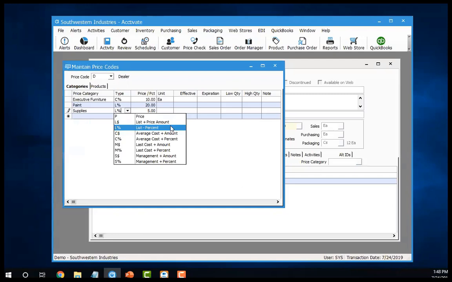This is minus percent. So this is actually going to take a percentage off, makes it easy. All of our customers that are in this group are just going to get 5% off of whatever our normal prices are. And that's kind of an answer to an earlier question. You could just update your customers to use the same price code and set a relationship for your price code to be list minus a certain percent, 5% for this period of time, and then update your products to have a relationship with this price code or the price category to have a relationship with the price code, which is list minus 5%.